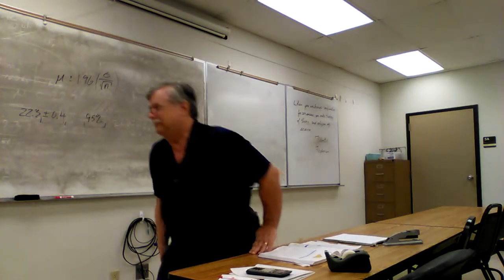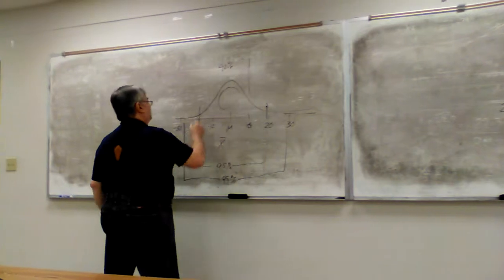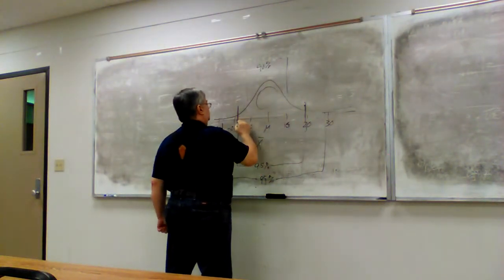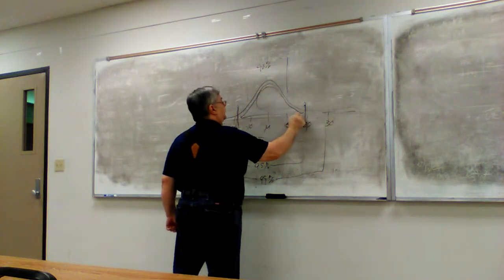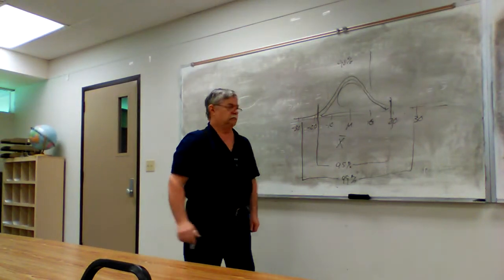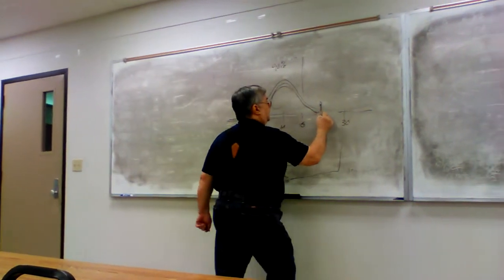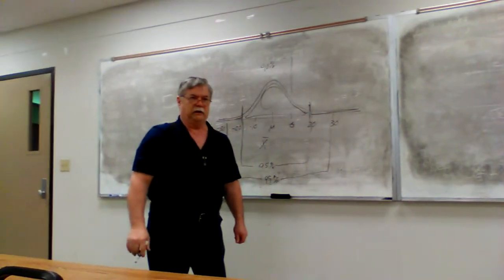Okay? Here is what we're saying. We're talking about a 95% confidence interval here. Okay? This is the probability that we're right, that our estimate is right, and this is the probability that our estimate is wrong.